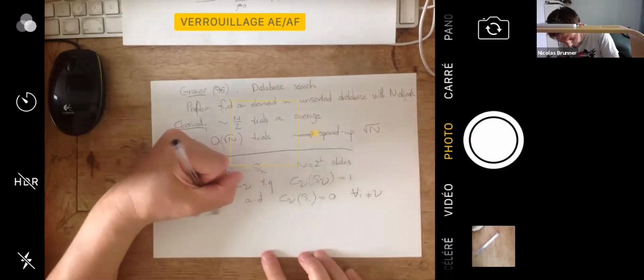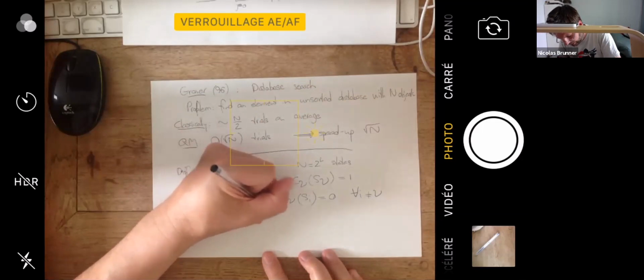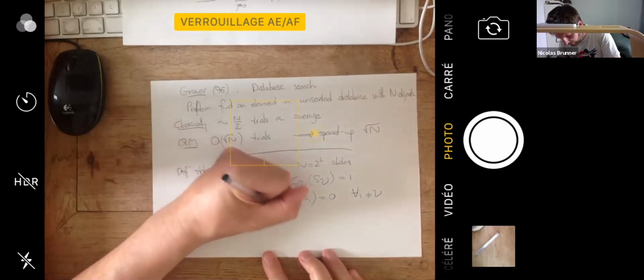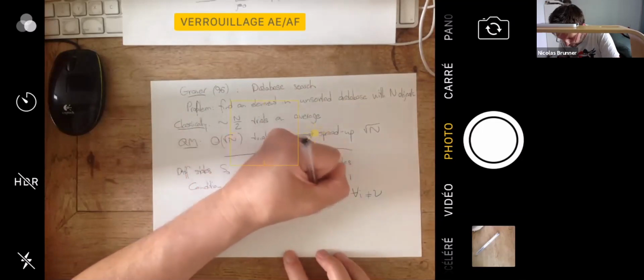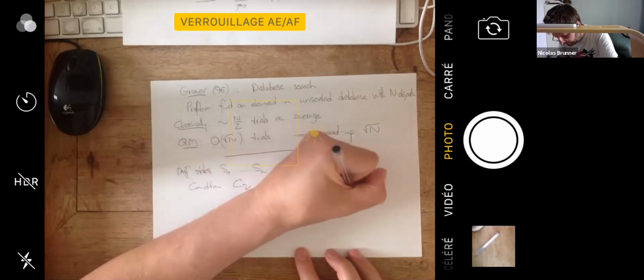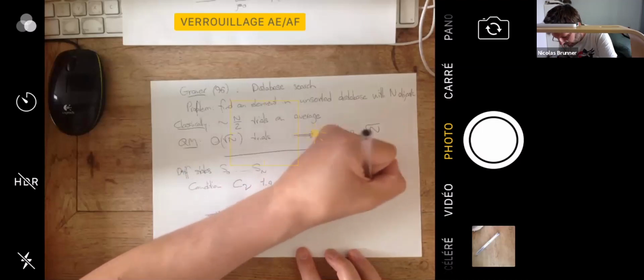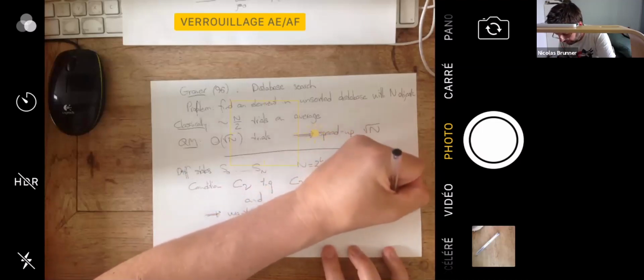Our goal is to identify nu with a minimal number of trials.